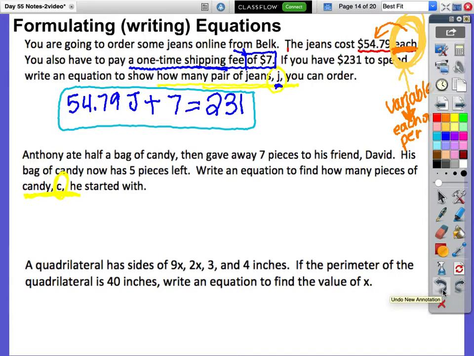All right, so let's talk about the problem. Anthony ate half a bag of candy. Half of his candy he ate. And then he gave away 7 pieces. You're giving away 7 pieces.